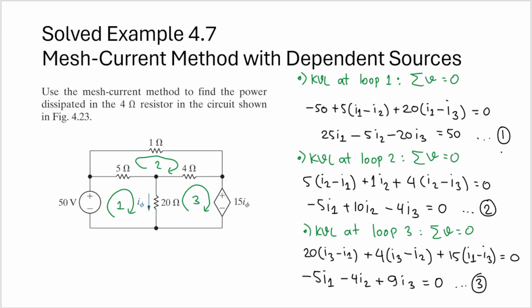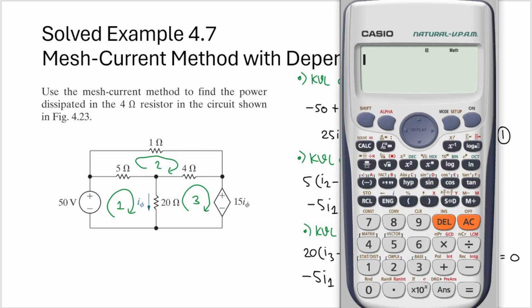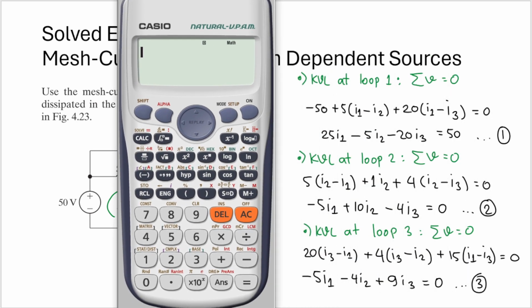And now we just need to solve equations 1, 2, and 3 to find I1, I2, and I3. Let's do that by calculator. Here let's set up, and then the equation solver is number 5, and then we choose number 2 for 3 variables. Now let's plug that in. We will have 25, minus 5, minus 20, and then 50.